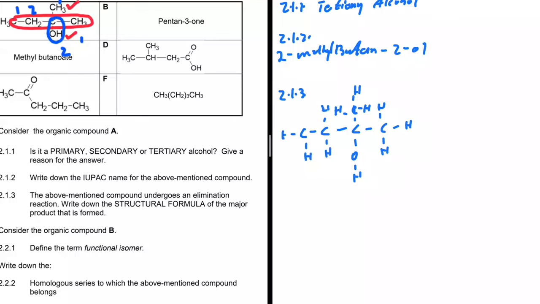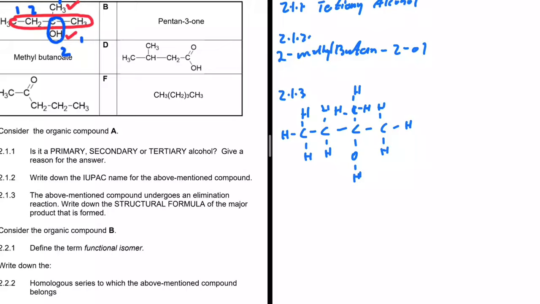Which elimination reaction can an alcohol go through? The elimination that an alcohol can go through is dehydration. The alcohol loses 1 hydrogen and an OH, making it H2O, hence dehydration. That is the only elimination reaction alcohols can undergo, right? So it means that the structural formula of the major product formed should be an alkene.